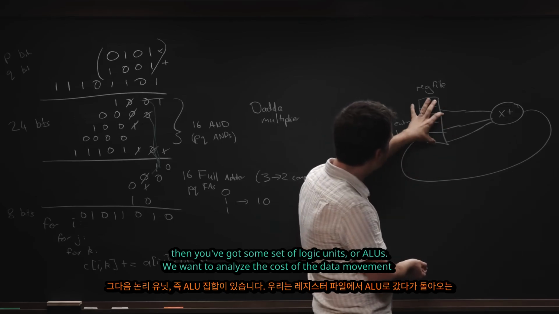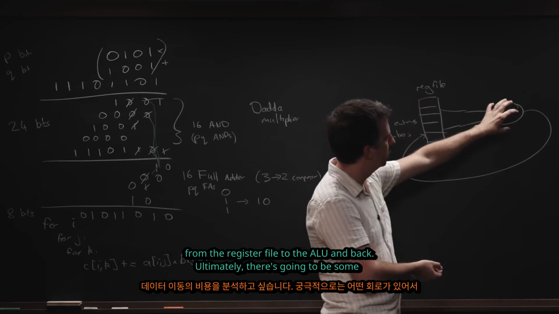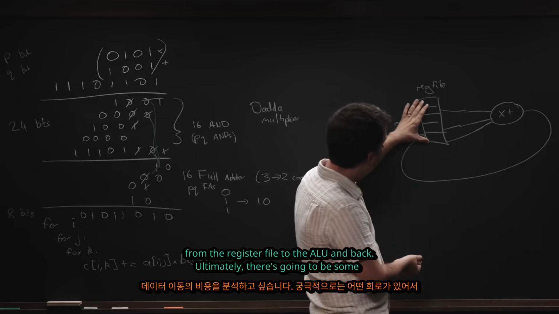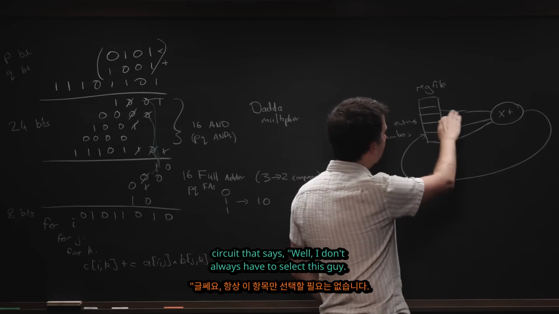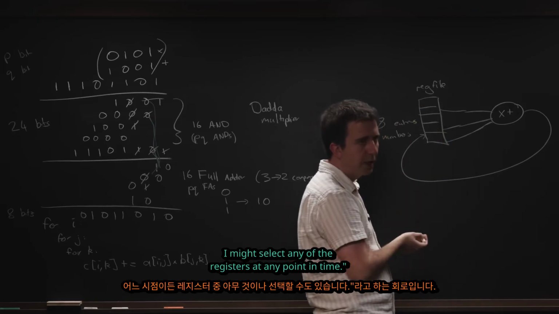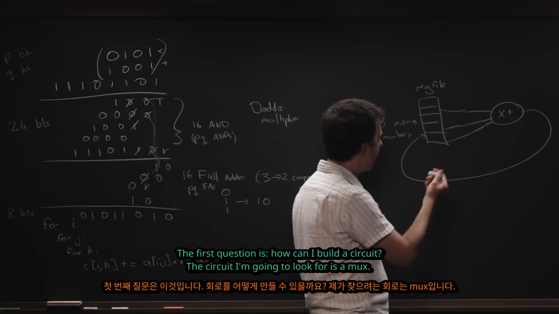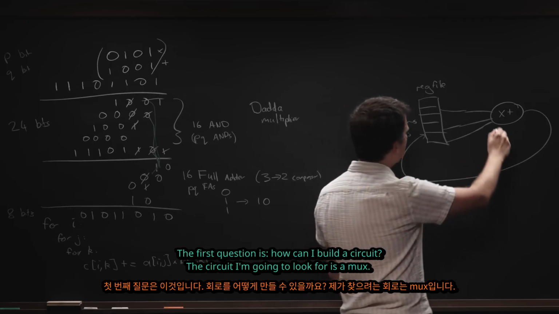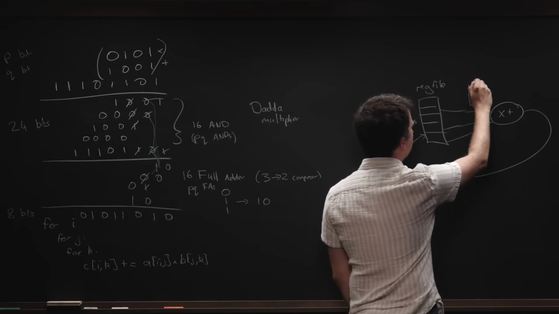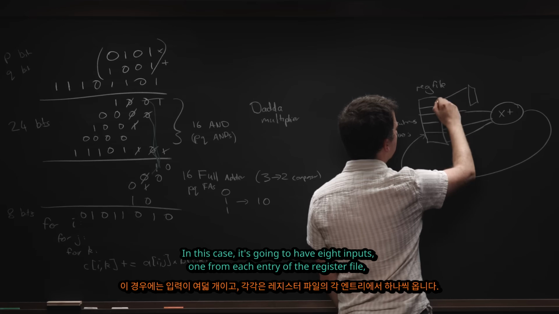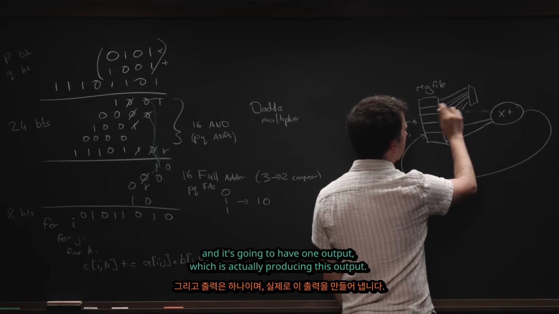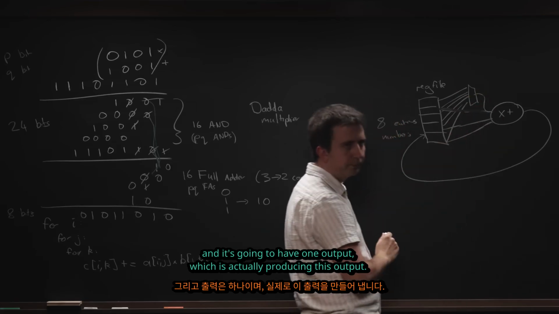We want to analyze the cost of the data movement from the register file to the ALU and back. Ultimately, there's going to be some circuit that says, I don't always have to select this one. I might select any of the registers at any point in time. So a first question is, how can I build a circuit? The circuit that I'm going to look for is a Mux. In this case, it's going to have 8 inputs, 1 from each entry of the register file, and 1 output.